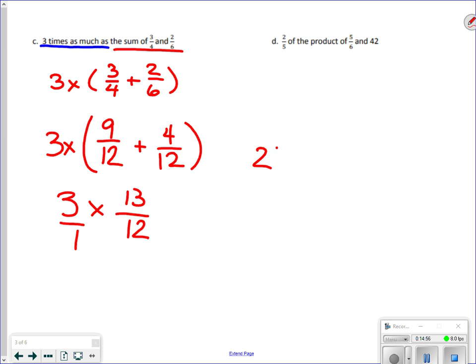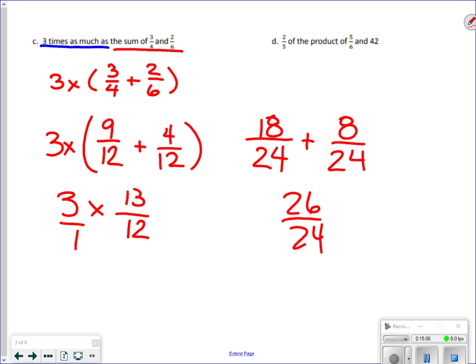If you had done 24, you would have had 26 over 24. I didn't want to go that big. Oh, hold on. I kind of messed up. Okay, and then you would still have 3 times 26 over 24. But see, I didn't want to go that big.